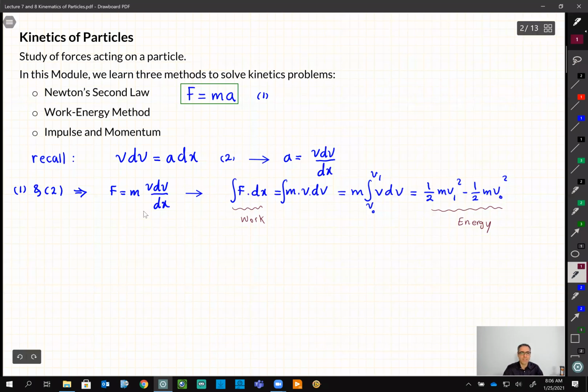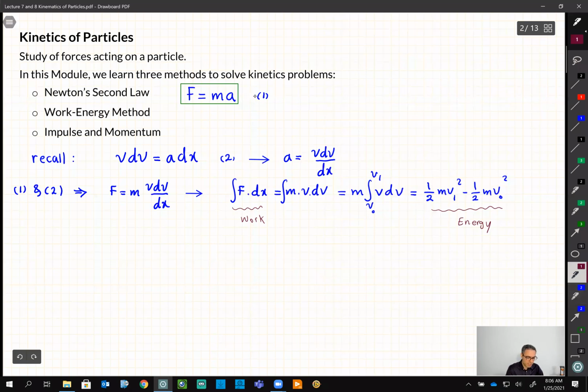As you can see, we started with the same formula, F = ma, and we saw that work is equal to energy. What I'm trying to say is that the second method, work and energy, is basically the same concept as the first one. Newton's law is nothing new.